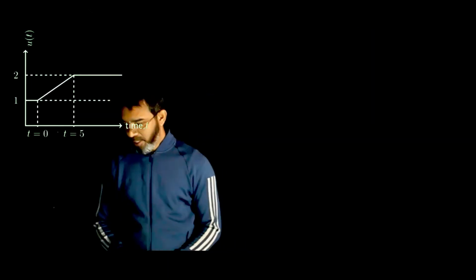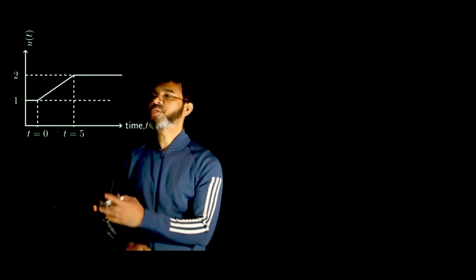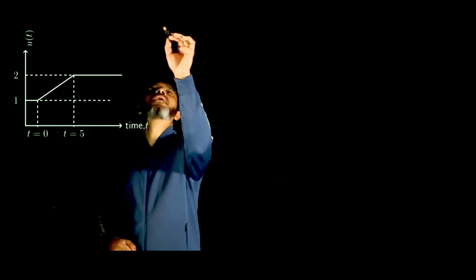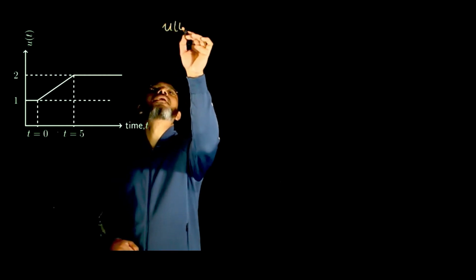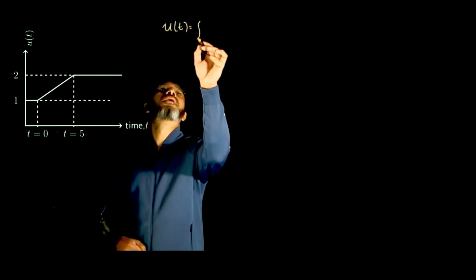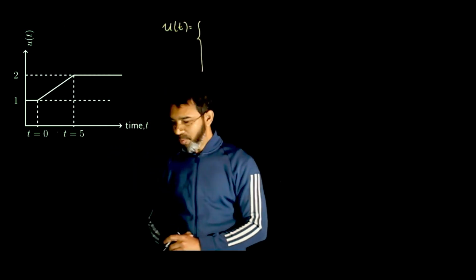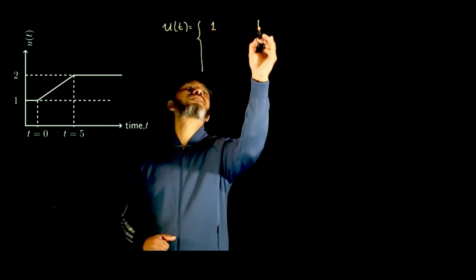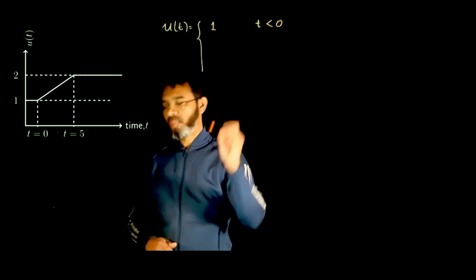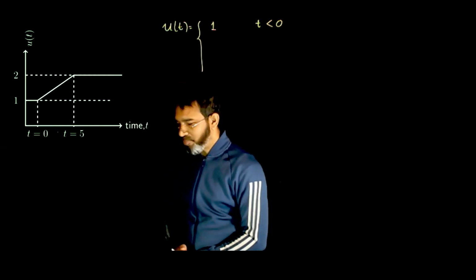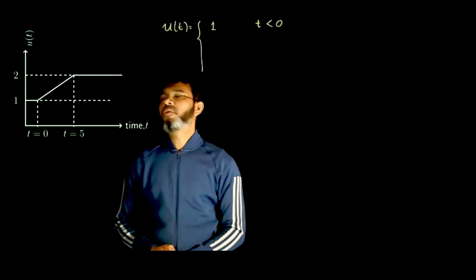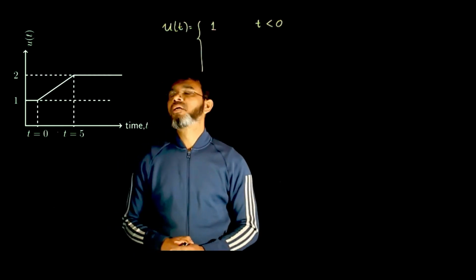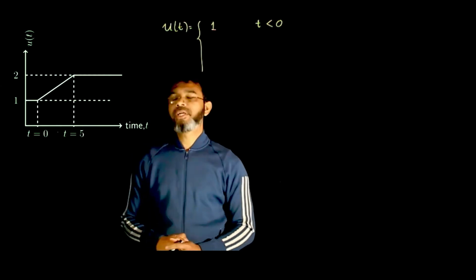Now let's look at the expression for this signal. Before 0, the value of the signal is 1. After 0, the slope of the line is 1 over 5, that's 0.2.